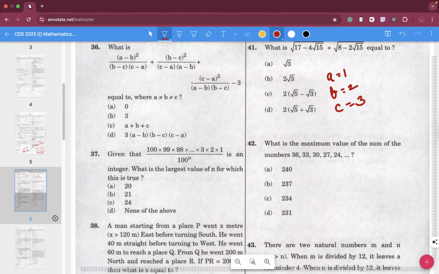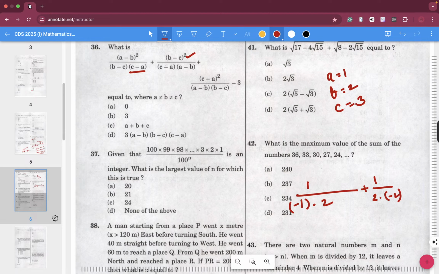So (a minus b) whole square is how much? 1 square is 1 only. Now the denominator (b minus c) is minus 1, and (c minus a) is 2. Then (b minus c) whole square is 1, divided by (c minus a) into (a minus b), which is 2 into minus 1, minus 2.